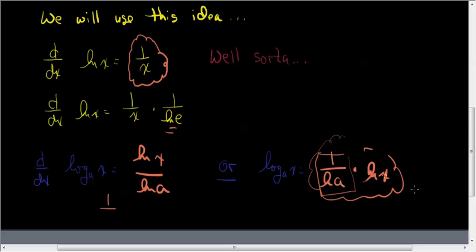So a constant times the function. The derivative is that constant times the derivative of the function. So that's going to be 1 over the natural log of a times the derivative of natural log of x, which was 1 over x. So if this is y, then this is y prime. So this one isn't actually that hard. It comes straight from advanced math, just breaking that into two separate functions.